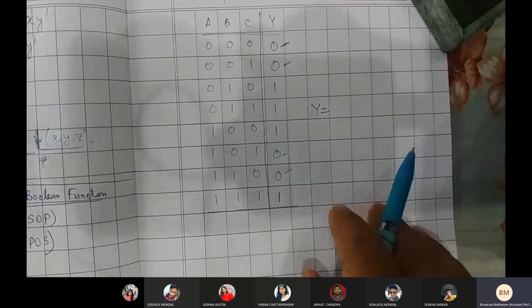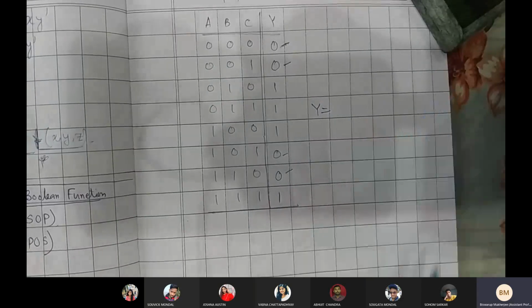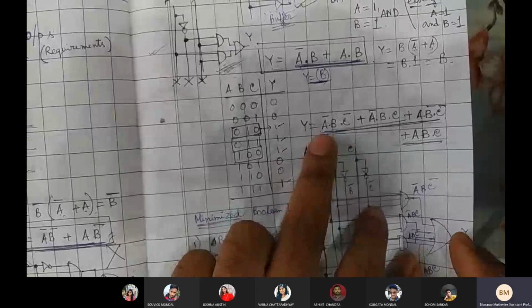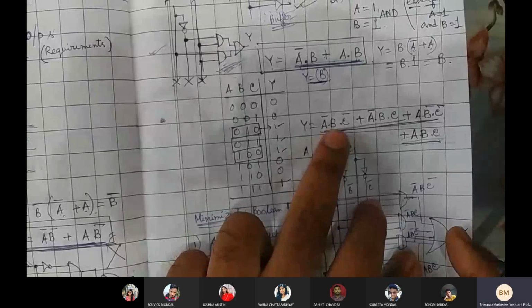So whatever you write will be the complement of the other case, that means the earlier case. Earlier it was joined by dots, individual cases. Now individual cases will be joined by plus sign.